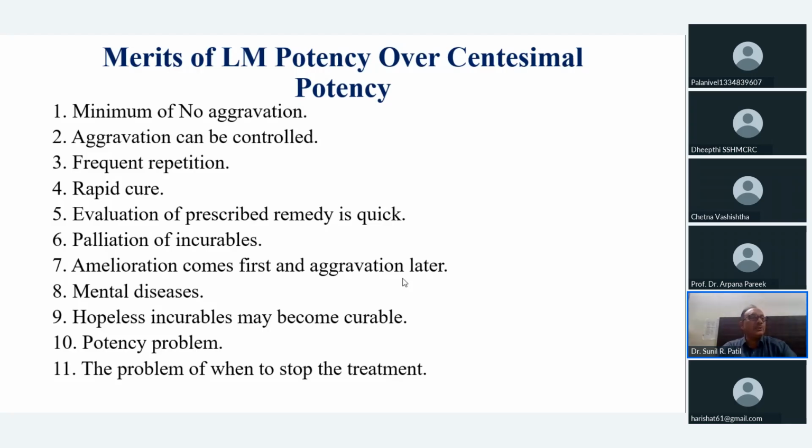It can be controlled by modifying the dose and its frequency of repetition. So the control is absolutely in your hand with the LM potency as compared to the centesimal potency.